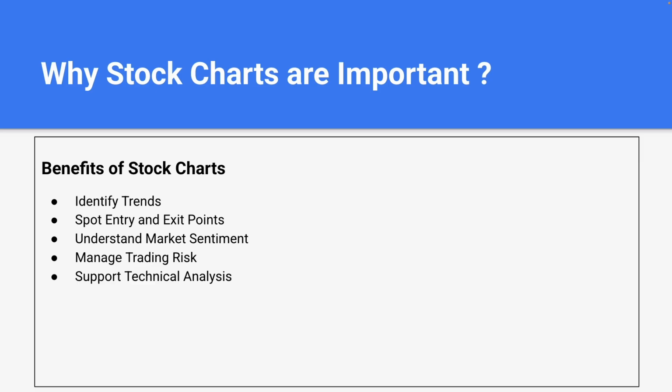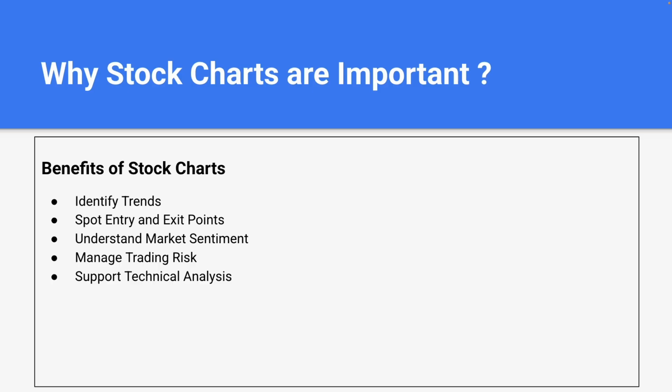So one question that comes to all traders and investors' minds is, why are charts important? It's because they identify the trends. It is easier for traders and investors to spot the entry and exit points. It also helps understand the market sentiment, manage trading risk, and draw support and resistance in technical analysis.